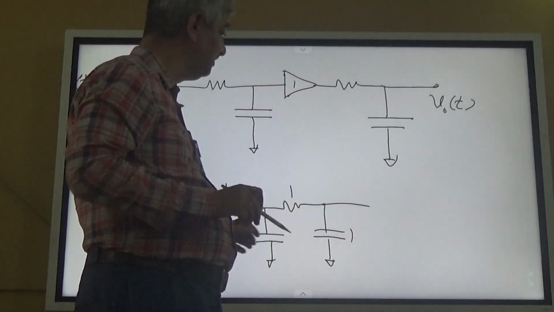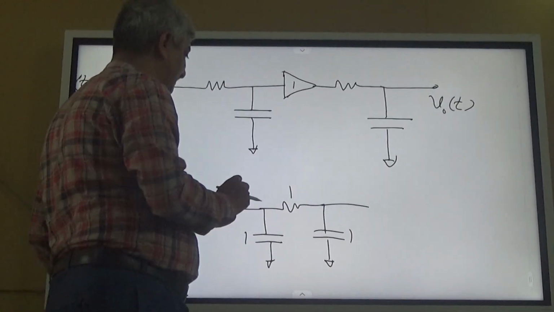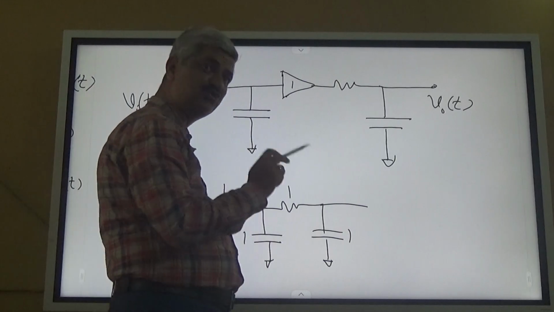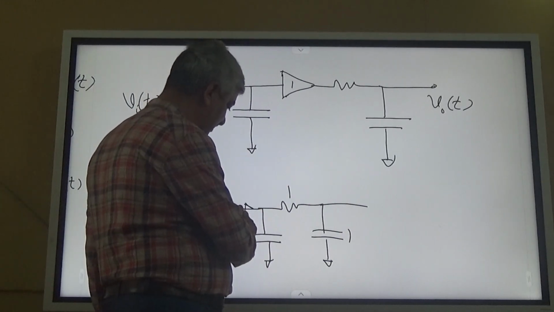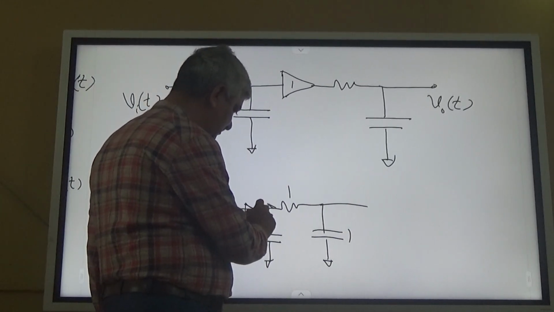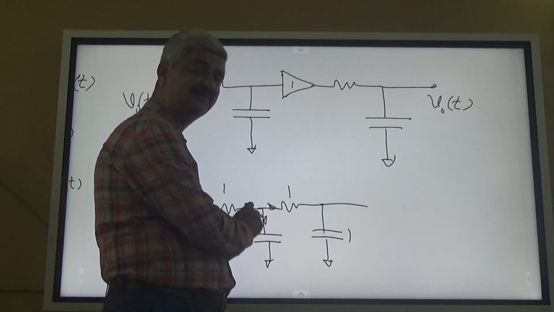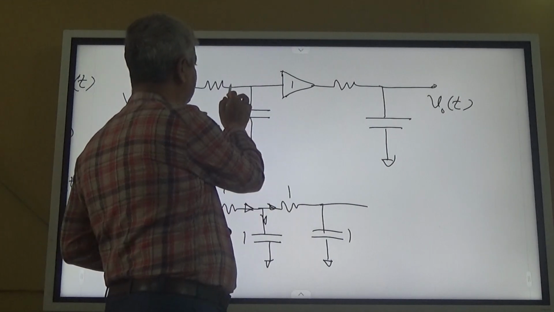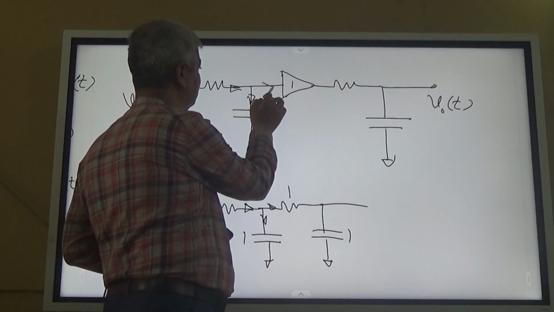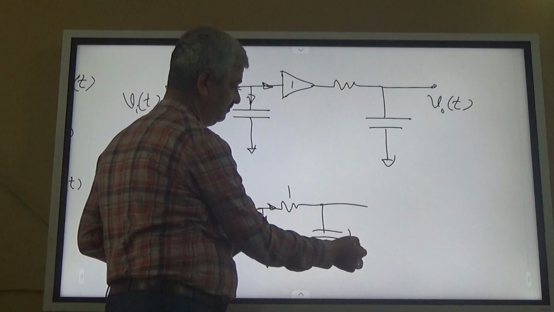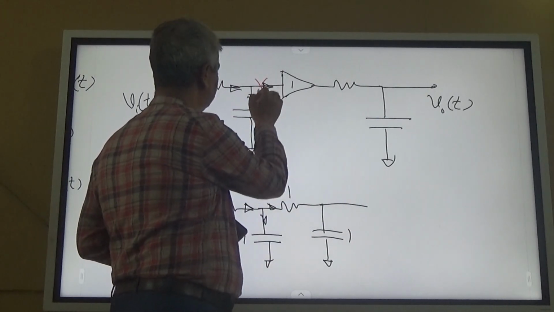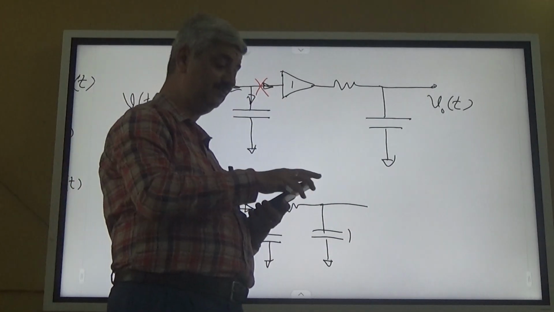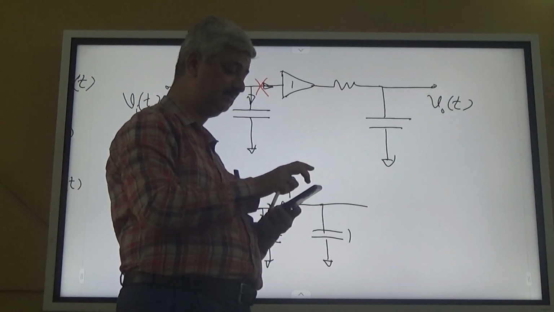So what is the difference? When I apply Kirchhoff's law here, this current is equal to this current with this current. And in this case, so what does it mean?